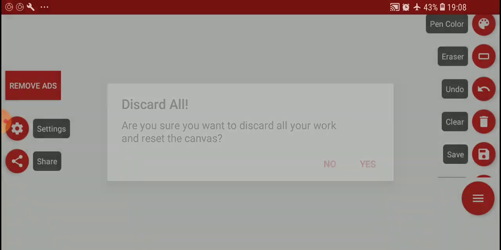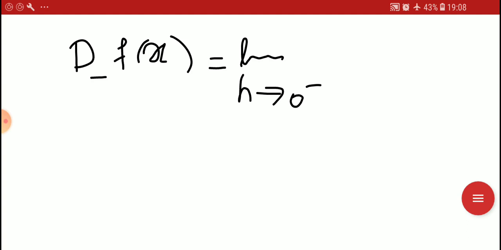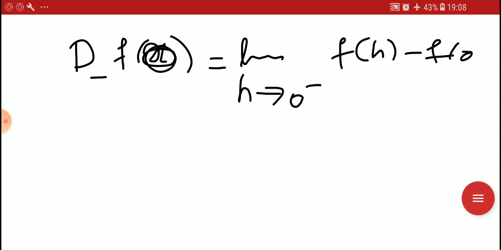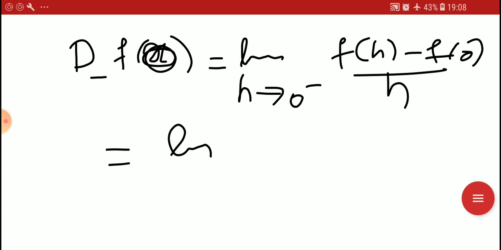Then the third derivative, D₋f(0), the lower left derivative. Lower left means the limit as h tends to 0 minus of (f(0 + h) − f(0))/h, where for lower we use infimum, and for upper supremum.